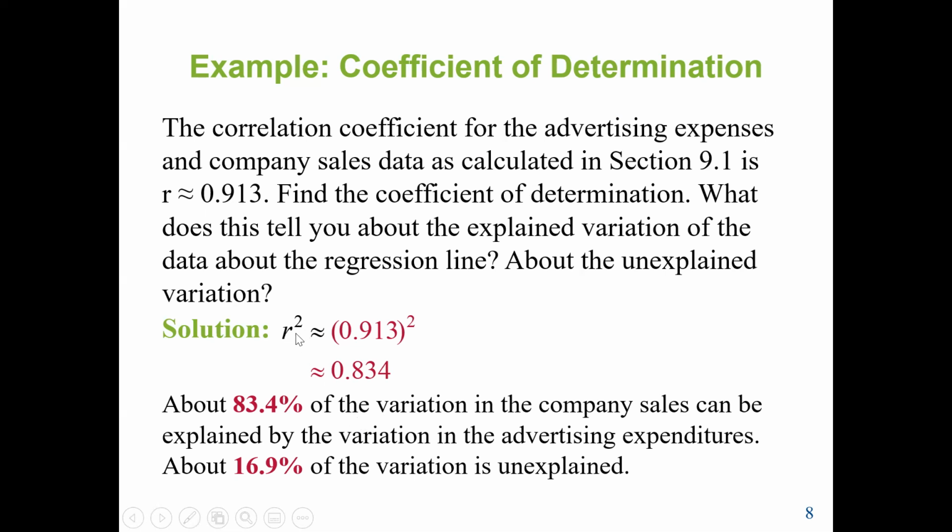The best way to find the coefficient of determination, which is R squared, is to just square the value of R. So here we have 0.834. And we can say that 83.4% of the variations in the company's sales can be explained by the variation in advertising expenditures. Now, when we subtract 83.4 from 100%, we get roughly 16.9, or let's say roughly 17%, of the variation is unexplained.